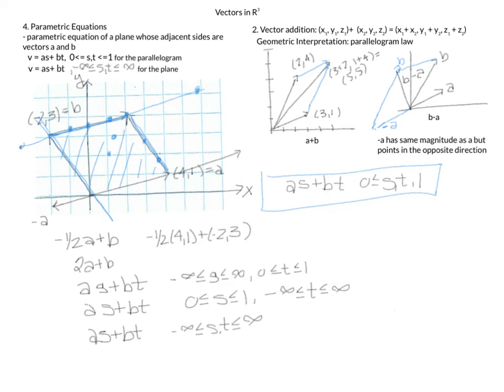In the same way, when we looked at vector A and vector B and we added up all the points in between, we got the entire parallelogram. Now we have an infinite vector A and an infinite vector B, and when we add up all the points, we're going to get all the points in the plane.